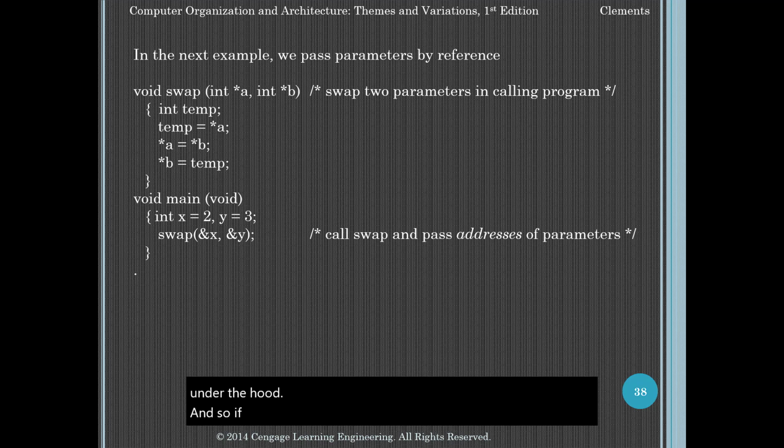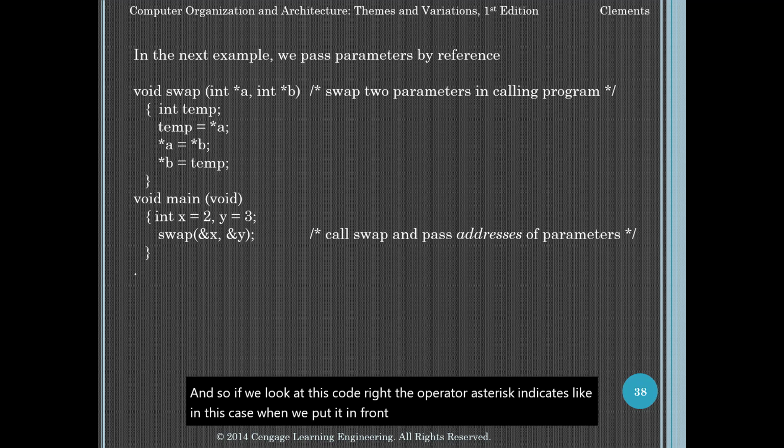If we look at this code, the asterisk operator, when we put it in front of A and B, with the int, indicates that the pointer is pointing at an address that contains an integer. C requires us to declare pointers to be of the same type as the data they're going to access, because the compiler needs to know the size of each object being pointed at.